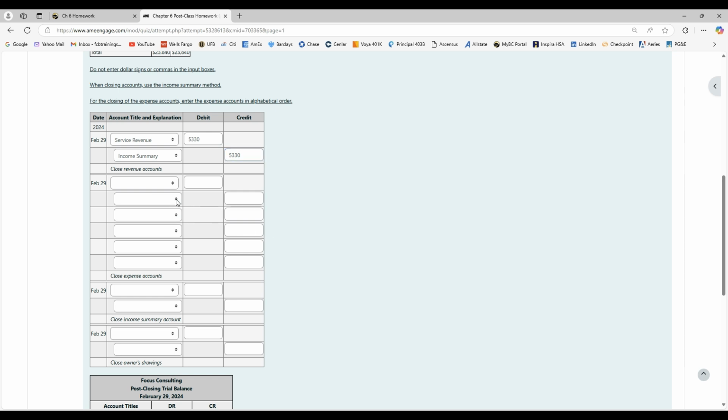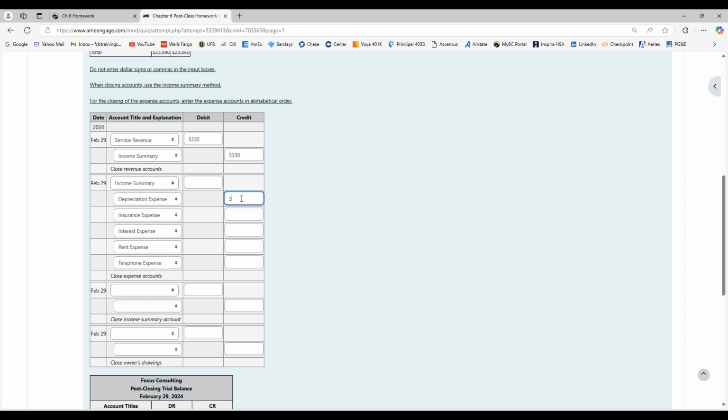Here we're going to credit all these expense accounts, because for the close, a normal balance for an expense account is a debit. So we are going to credit those accounts to get them to go to zero and basically transfer their balances into the income summary.